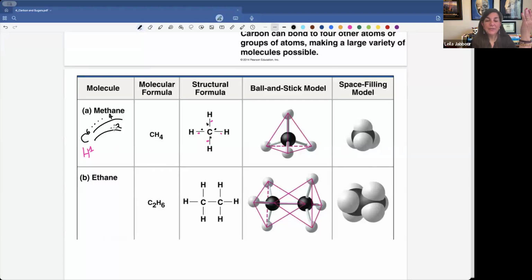Here, if I draw this, there's only 1 electron on that shell. So one of these 4 electrons from the carbon is going to come and be shared with the hydrogen. So now the hydrogen will see 2 electrons on its shell, and that satisfies the rule.